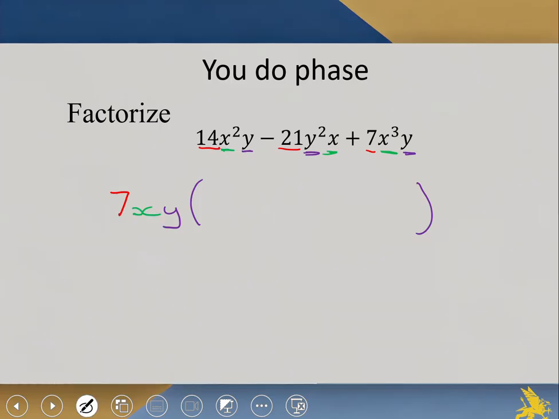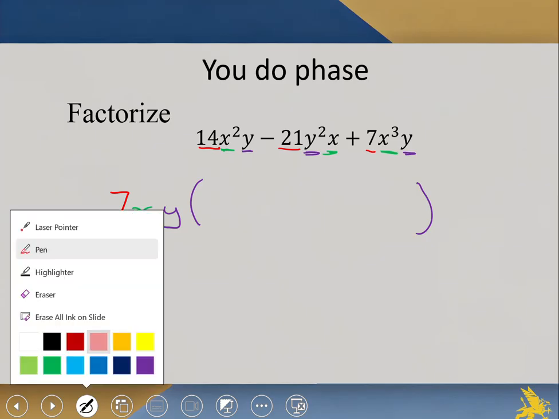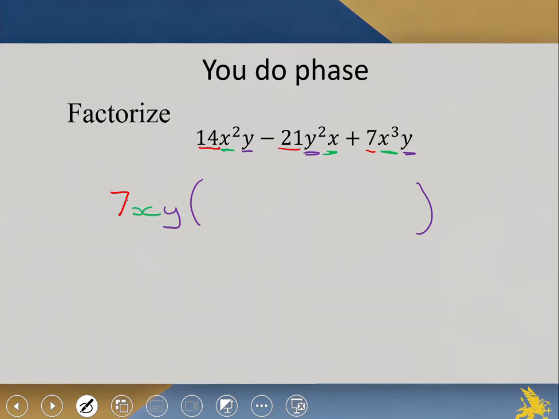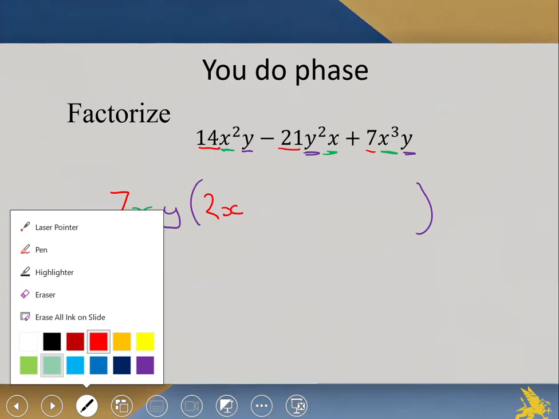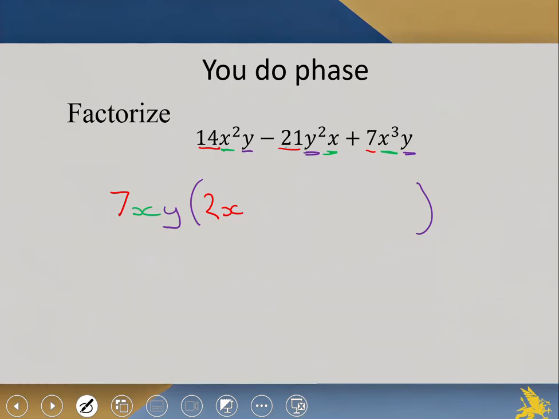This time I will again do each term separately. I will do the first term in red. 7 times what is 14? 7 times 2. I've already got one x, I just need one more x, and I've already got my y. The next one I'll do in green. 7 times what is negative 21? That'll be negative 3.